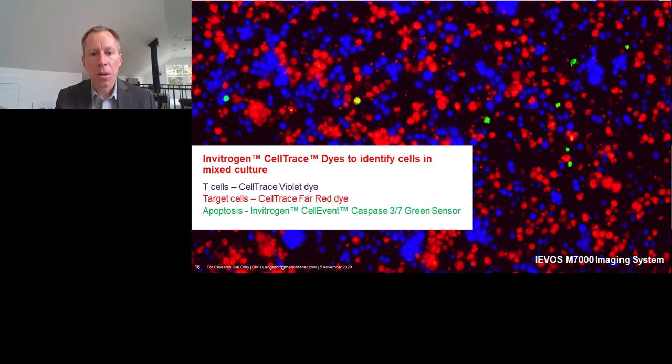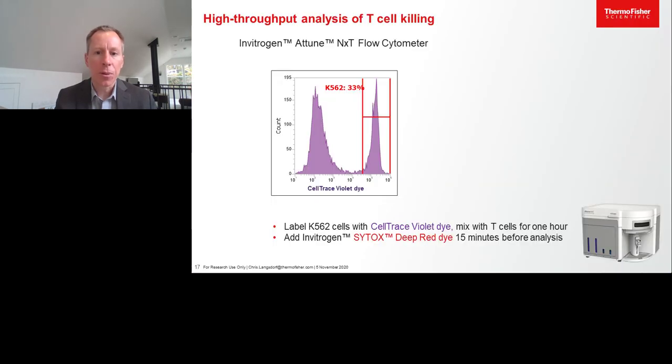Now, often with this type of model, flow cytometry is preferred to provide a quantitative single-cell analysis of a lot of cells from a lot of different samples. And so we can use this exact same model with flow cytometry to provide a good high-throughput measurement of T cell killing.